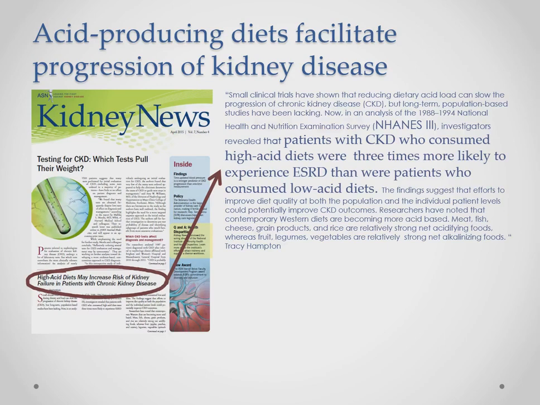And this particular study was important because it analyzed a nationally representative sample of CKD patients. And they have shown that patients with CKD who consumed high-acid diets were 3 times more likely to experience ESRD, end-stage renal disease, than were patients who consumed low-acid diets. So 3-fold increase. So when it comes to kidney disease, end-stage renal disease is really the hard outcome.